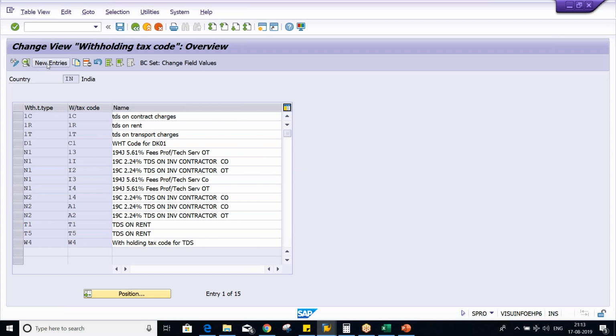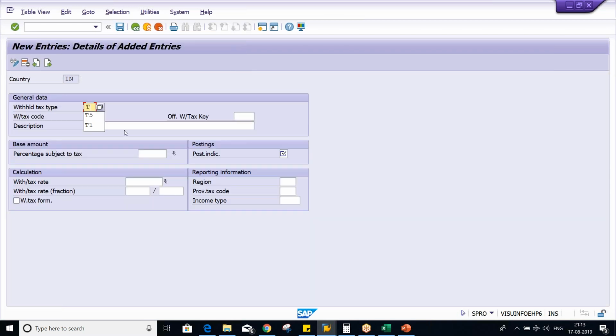Now again, if you want to set up, let's suppose, T6, and instead of 10%, now I'm going to give 5%. Press enter. Still there are no issues, and if you want to save, you can save. Control S. Look at here. So under one tax type, we can set up multiple tax codes, but vice versa is not possible.